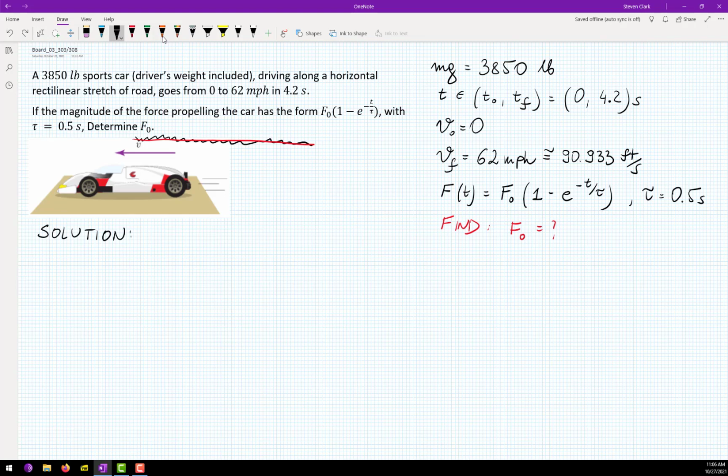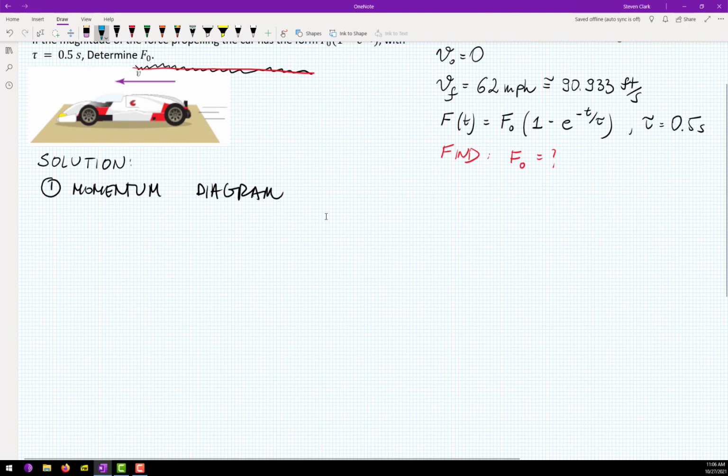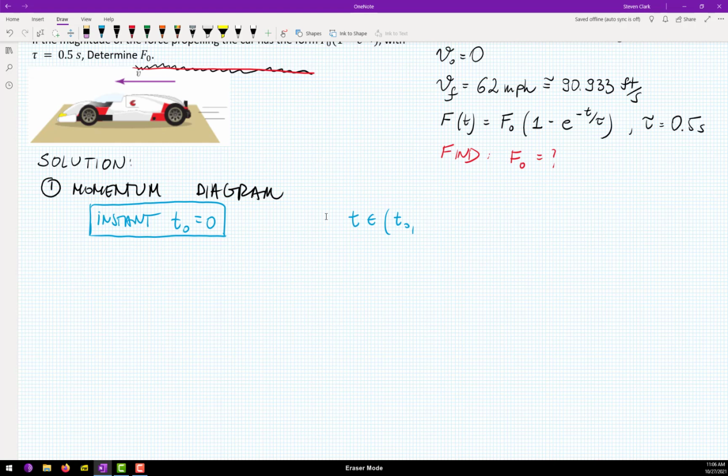This is how I solve these problems. I start with a momentum diagram. I would like to draw the situation at instant t0. I would also like to draw what happens when time ranges from t0 to t final.